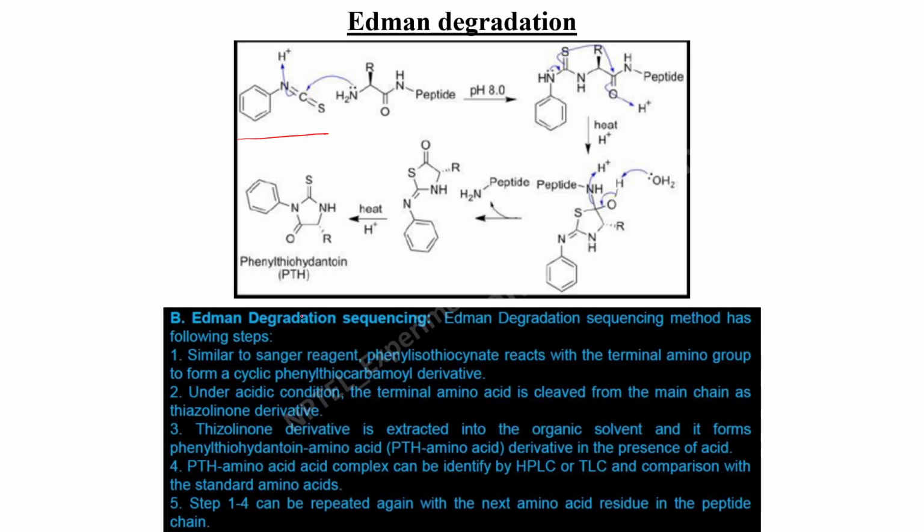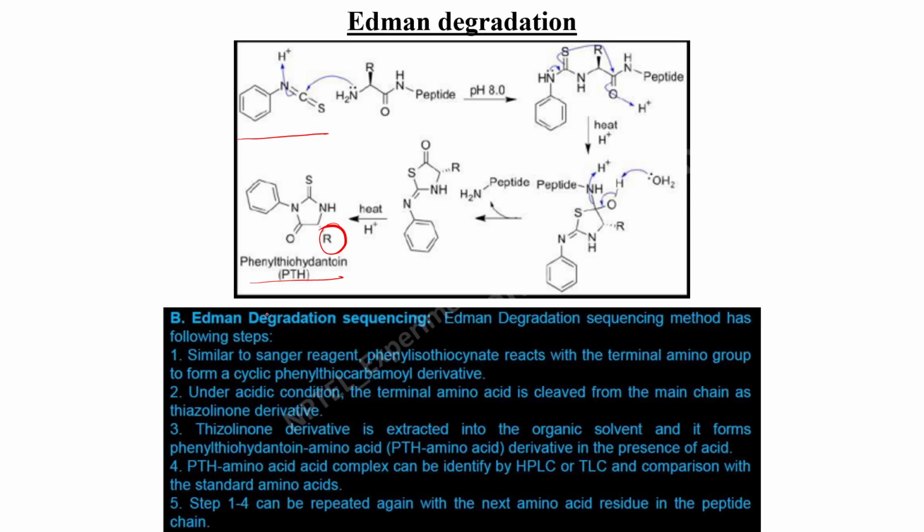That thiazolinone derivative is extracted into the organic solvent and it forms phenyl thiohydantoin amino acid. So we'll have the amino acid R group here, and this R group will differ for all 20 amino acids, and that's how we'll have a different phenyl thiohydantoin derivative for each amino acid.